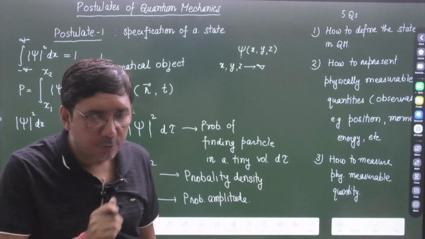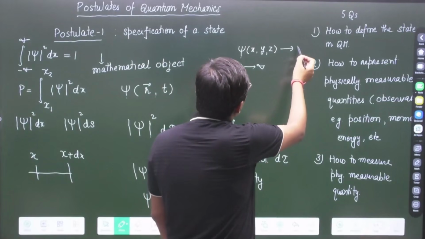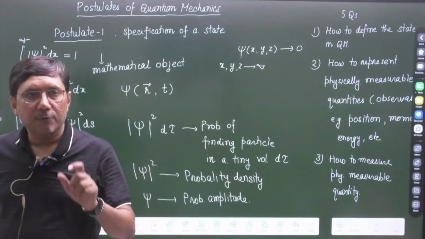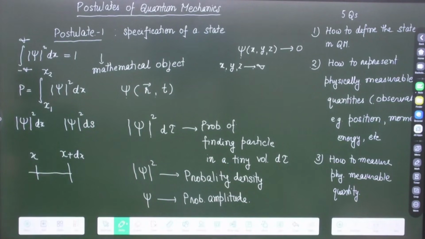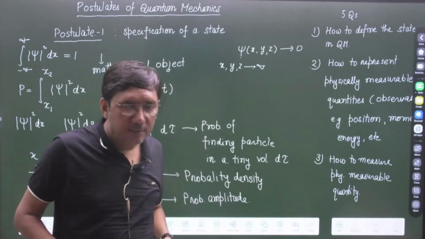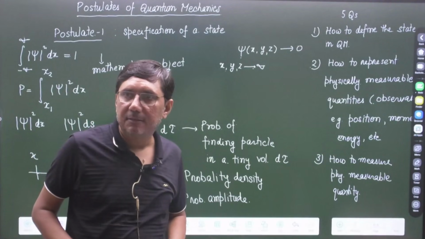It should tend to 0 in this limit. So if you are having a wave function, then it should be 0 at infinity. Otherwise, your psi square will become infinite.